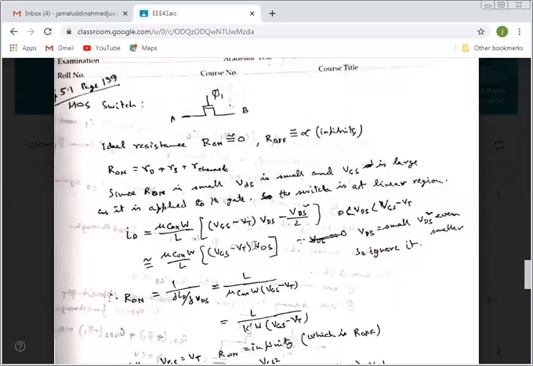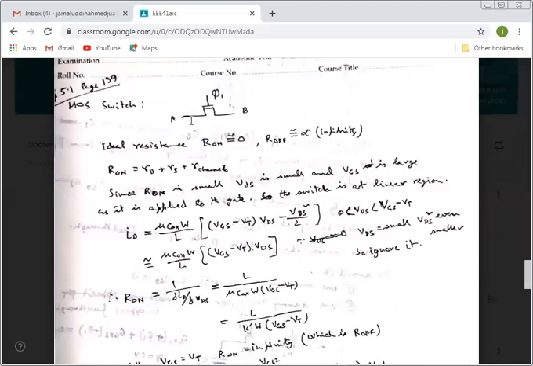So phi is either 0 or 1. When it is 0, then the MOSFET is off. There will be no current flowing from A to B. But when phi is on, that means 1, then from A to B there will be a current flow.